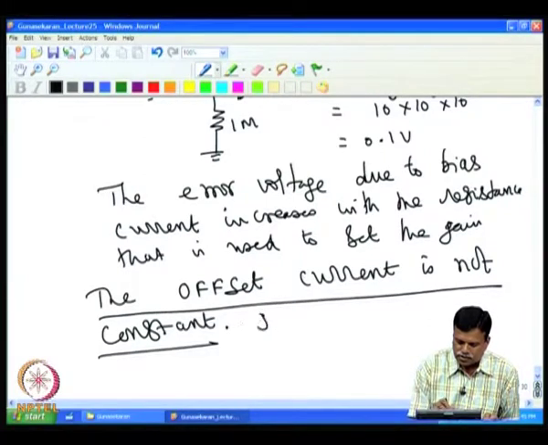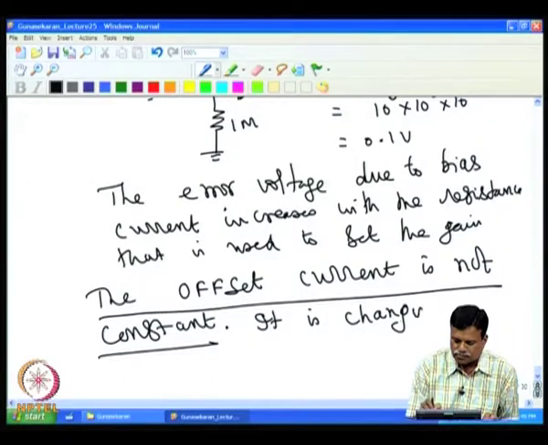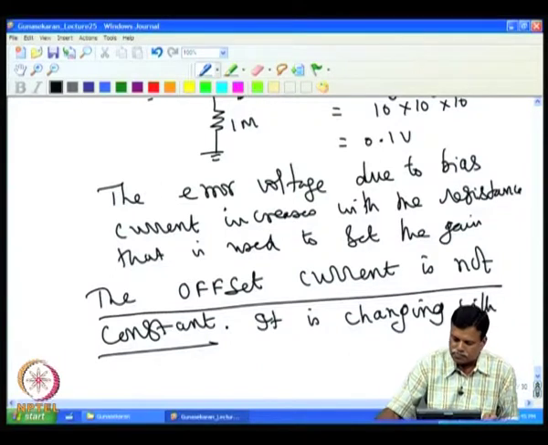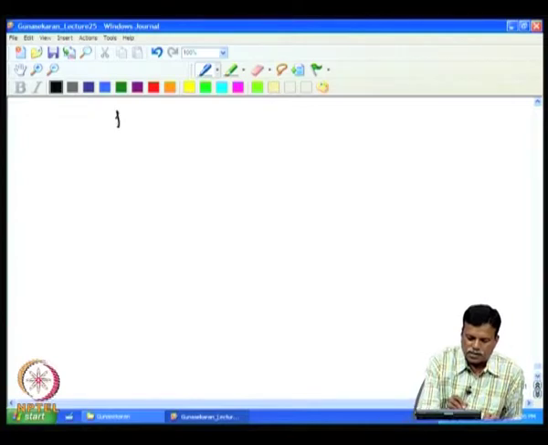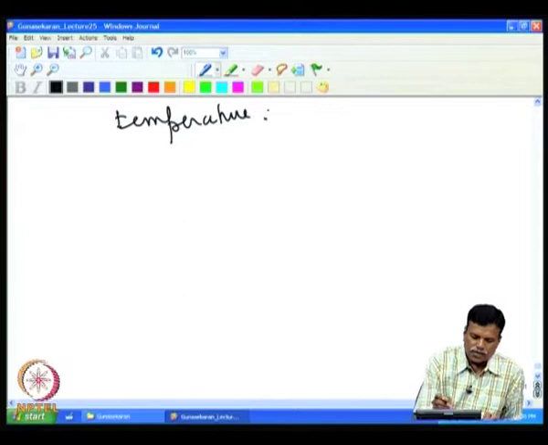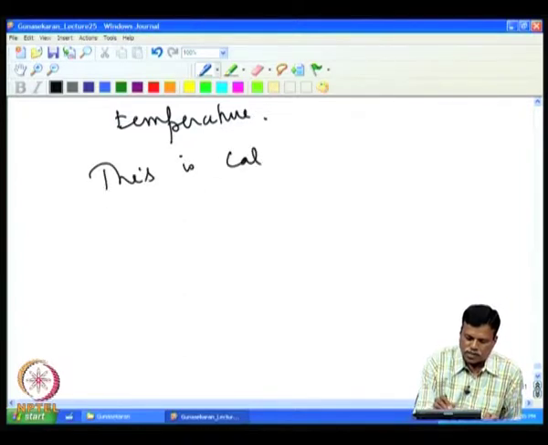It is changing with temperature. This is called offset current drift.